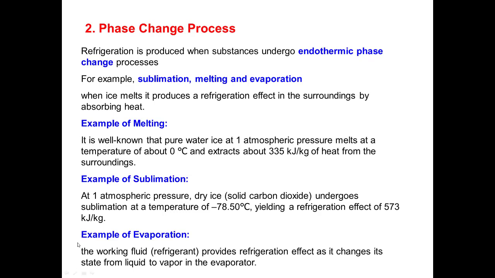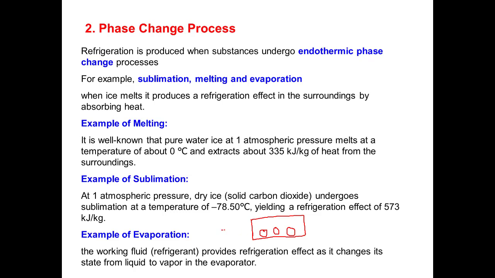And what about our local refrigeration system? We use evaporation, because evaporation is again a phase change process. For example, how is the cooling effect produced in common refrigeration? Let's say there is a compartment, which we call the evaporator, where we place our items, let's say milk, meat, vegetables. So what is happening in the evaporator?